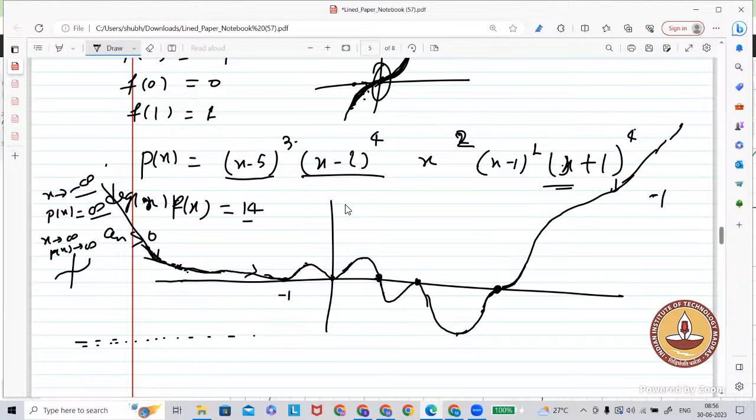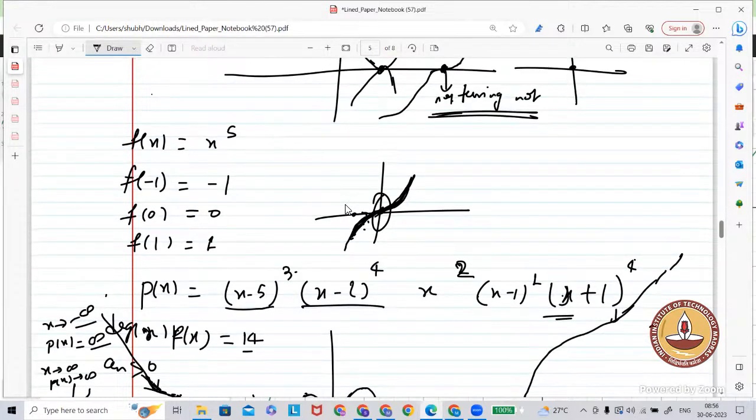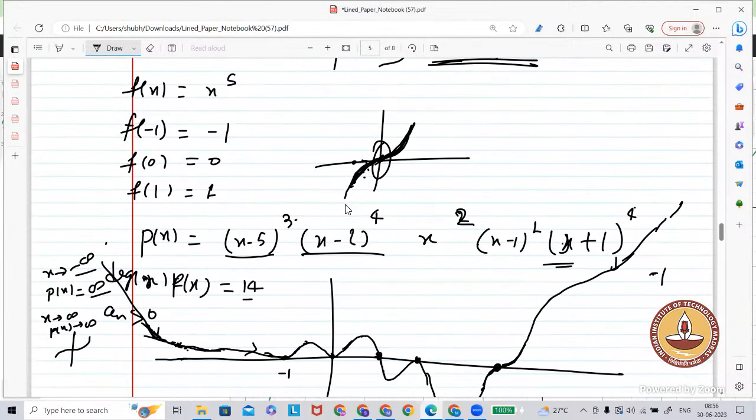Okay, this is one thing, and we still forgot the turning points. There is a relation between the number of turning points and the degree of the polynomial.